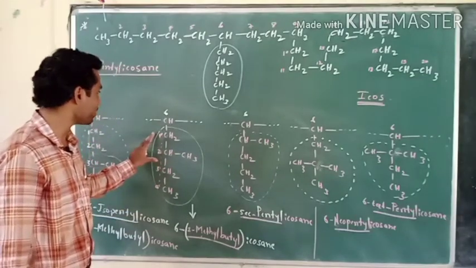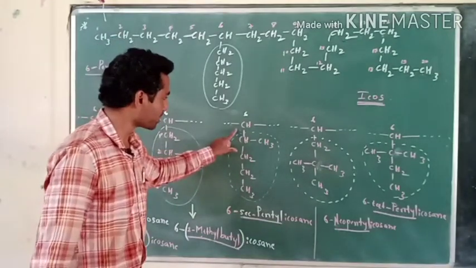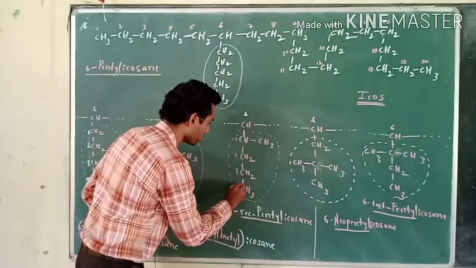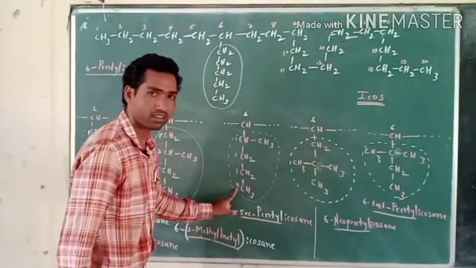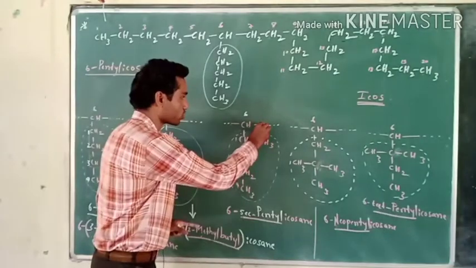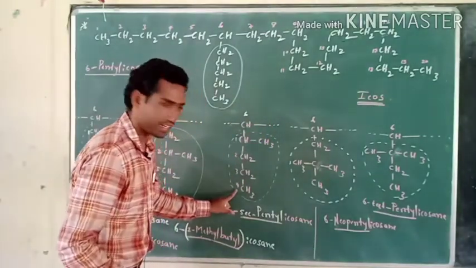We don't know the trivial name for this substituent. So now, how to write the systematic name for this substituent? Again, 1, 2, 3, 4 is the longest carbon chain and numbering. We are not supposed to consider from this carbon because this carbon is not directly attached to the main chain. Therefore 1, 2, 3, 4, right?